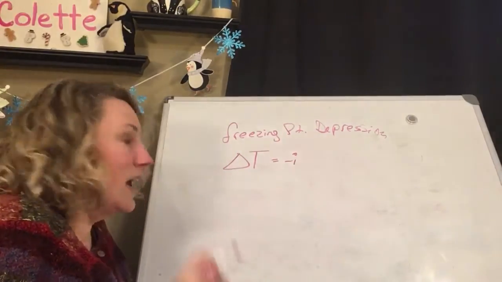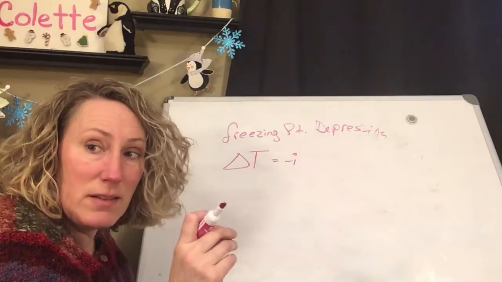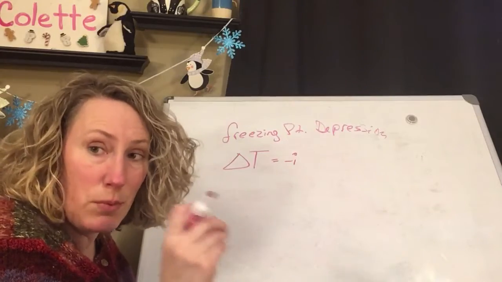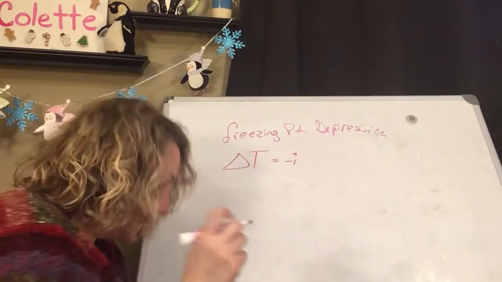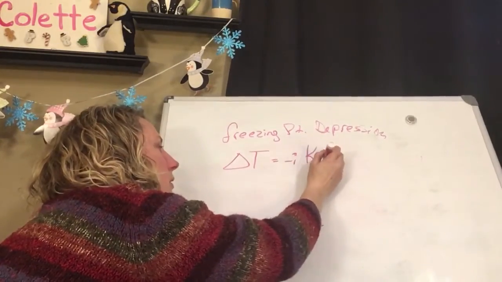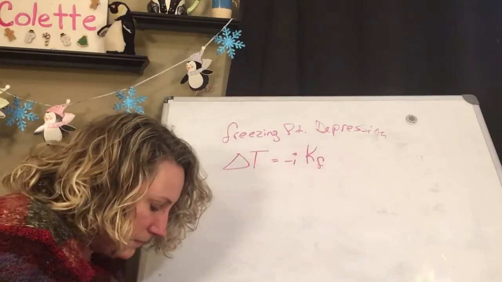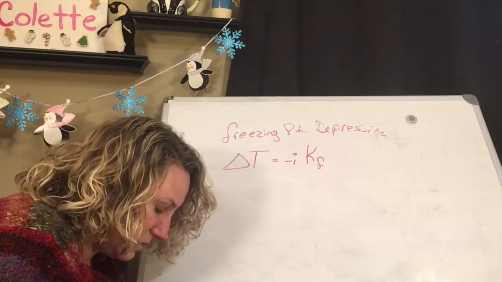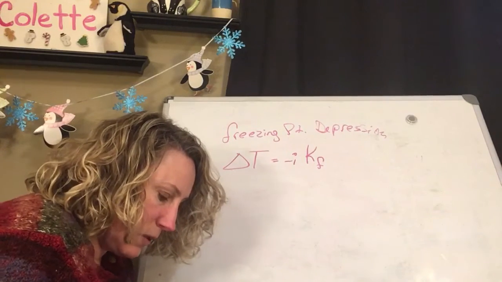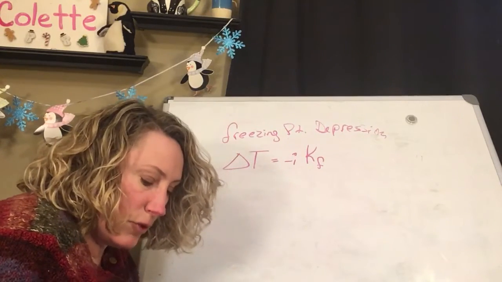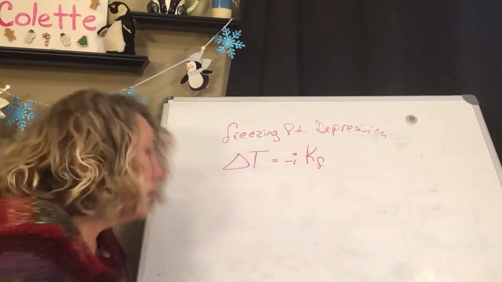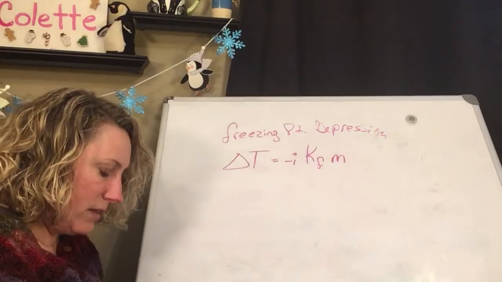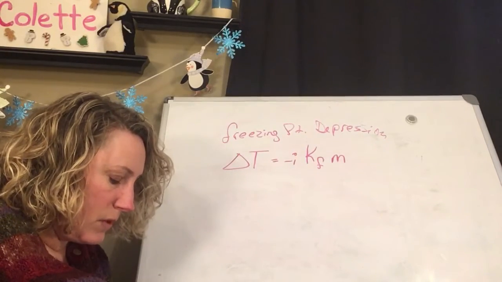So it's negative i, and remember i is the number of ions or pieces that your solute breaks into, times K sub F, which is a constant for your freezing point. It's your freezing point depression constant, times your small m, which we just realized was our molality.